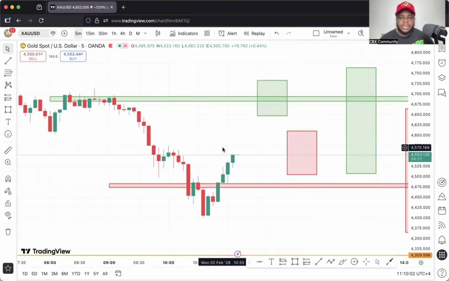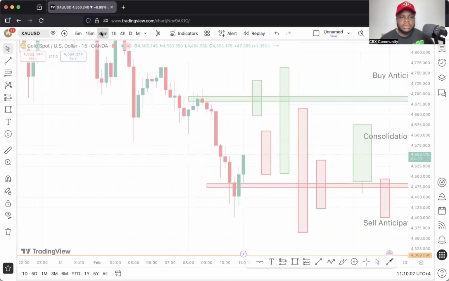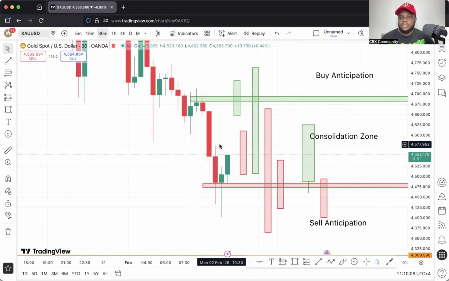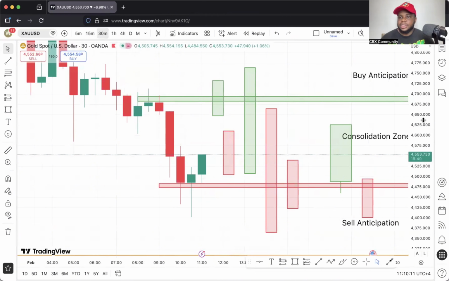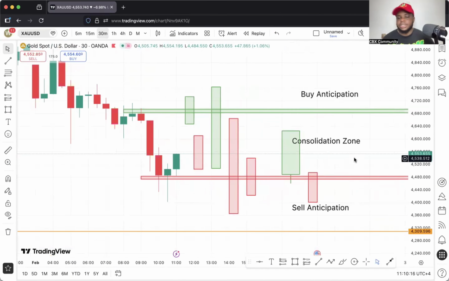So this is the 5 minutes. This is the 15 minutes. Anyways, the best thing is just for us to wait. Like today is Monday, so we don't need to rush the market setup. We don't need to rush it. Let's wait.